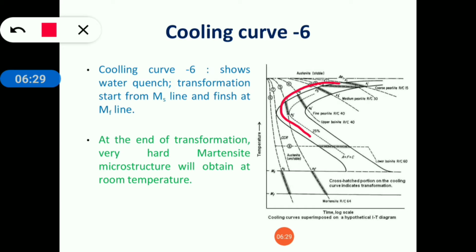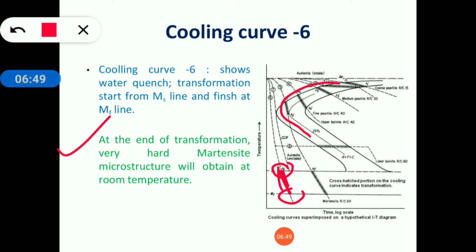Once it reaches the Ms line, the transformation will start. At the end of this transformation, a very hard martensite microstructure will be obtained at room temperature, and martensite is the very hard microstructure of steel.